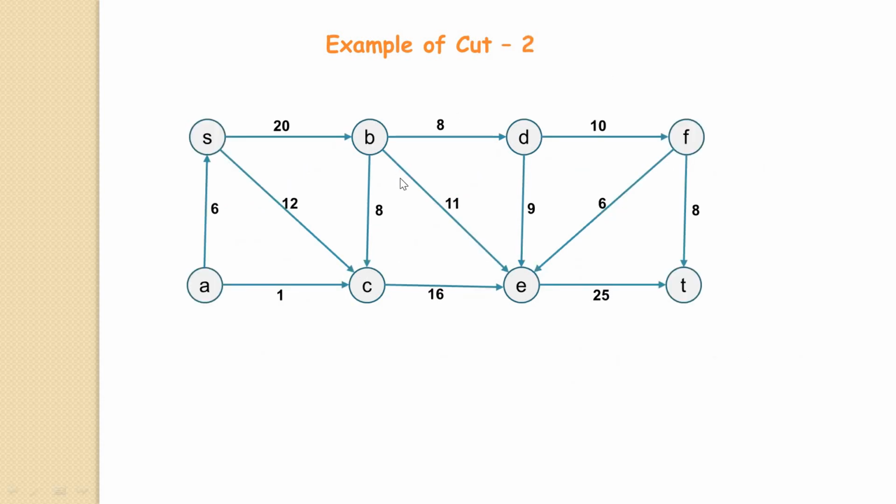Let's take another example. Let me take my pen. Let's partition this into 2 partitions, A and B. In this case, let's say A contains S, E, and D, right?